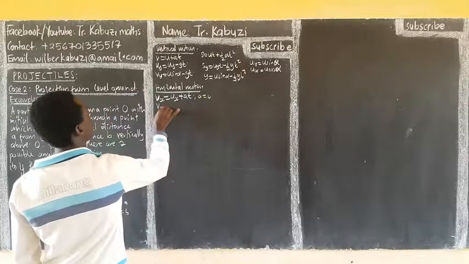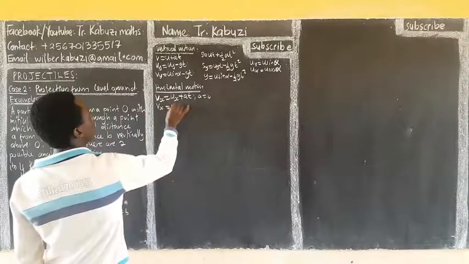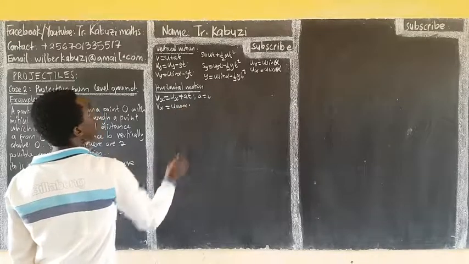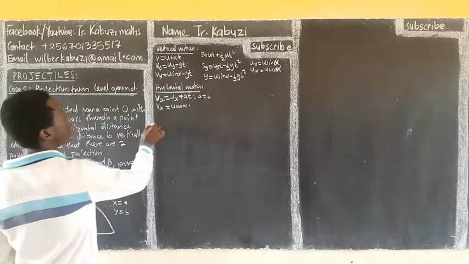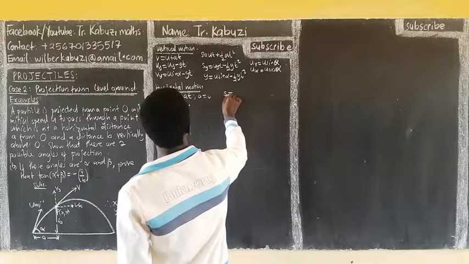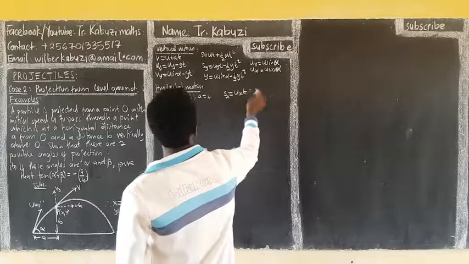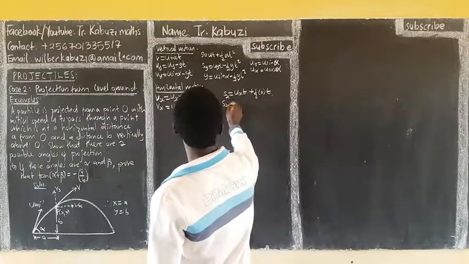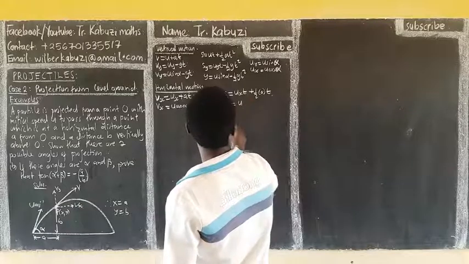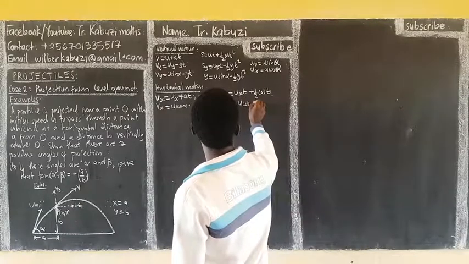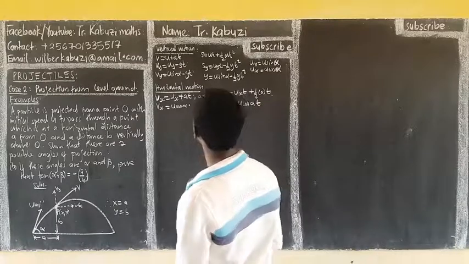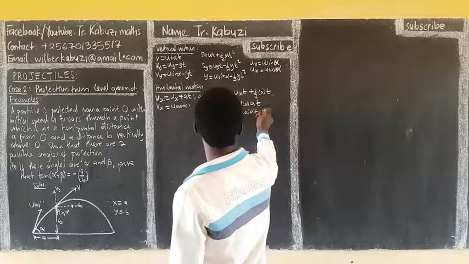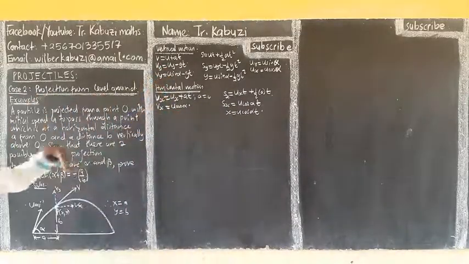So we have our Vx equaling u cos alpha. Then our distance Sx will be equal to Ux t, plus a half into 0 t squared. So our Sx here is going to be u cos alpha t. But what is our Sx? Sx is our horizontal distance x. Now this was the basic recap.